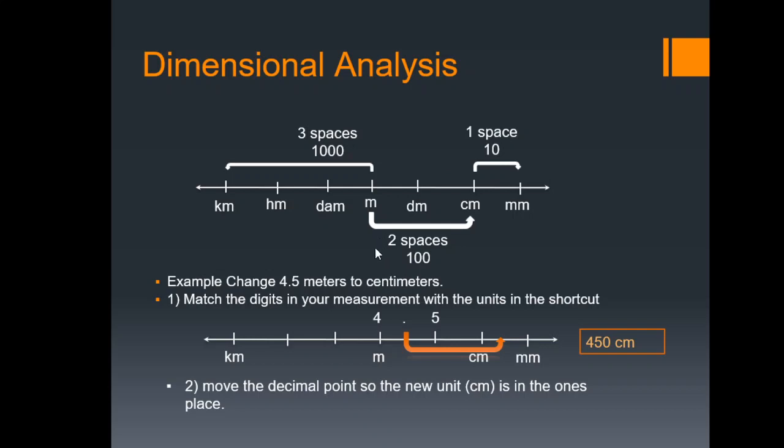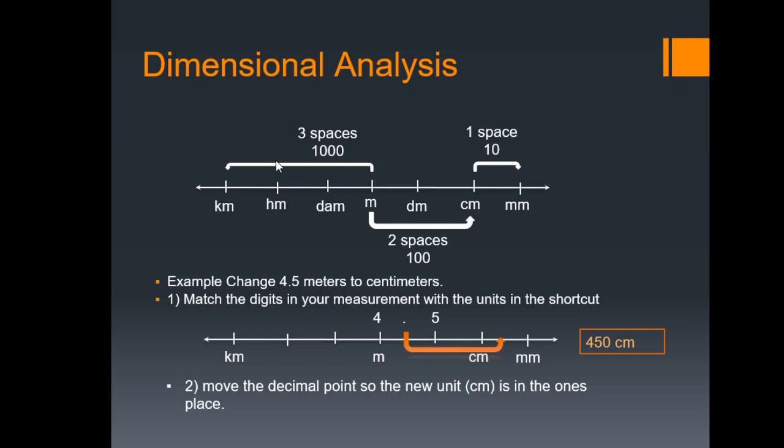So you can see if we have meters here, and this is our main one, and we want to go to centimeters, we notice that it's going to the smaller one, so we would move it 2 spaces because centi, like century, is 100. So that can help you. And if you're moving it down, then your decimal point goes to the right as well.